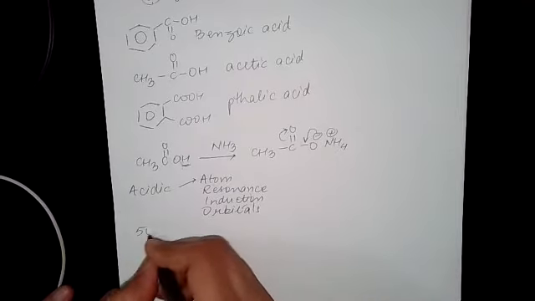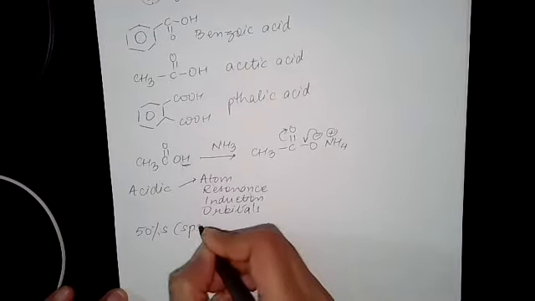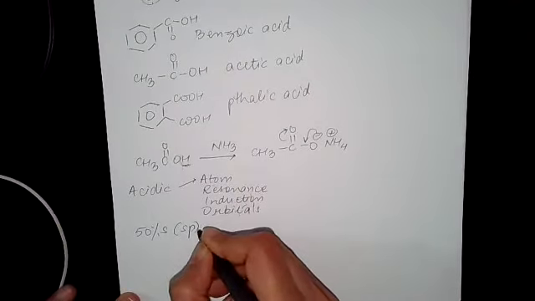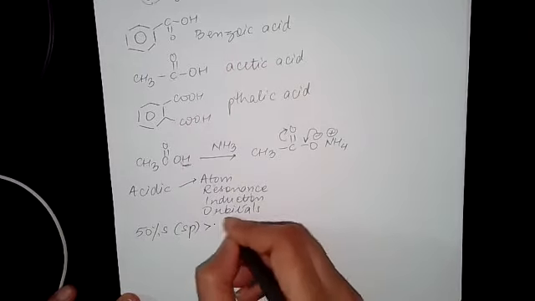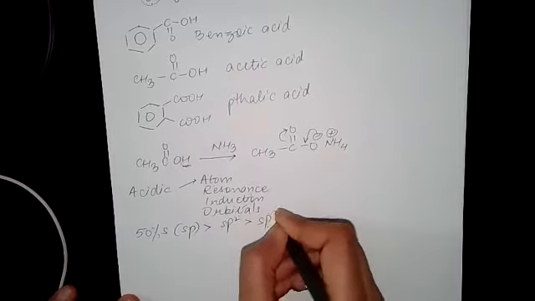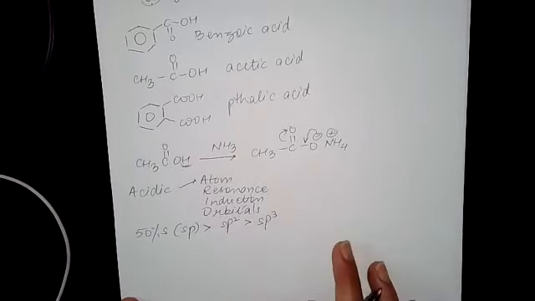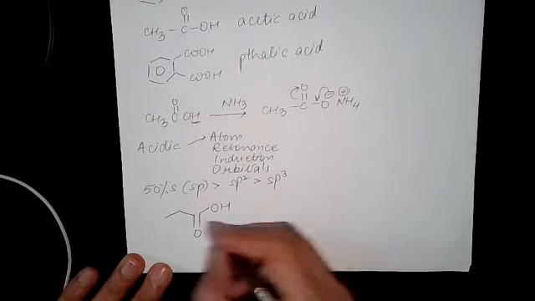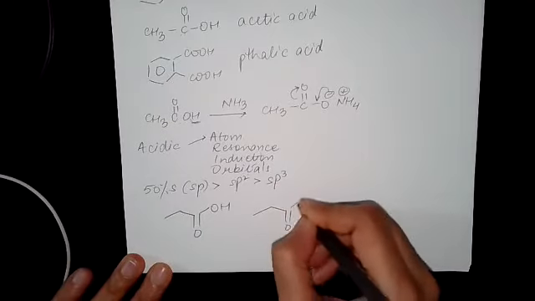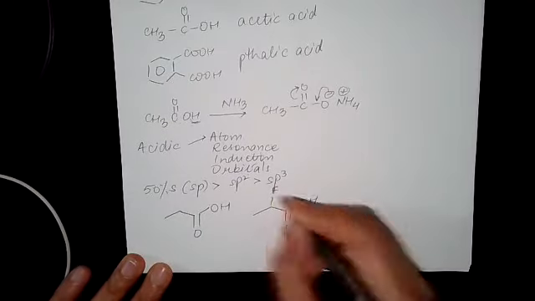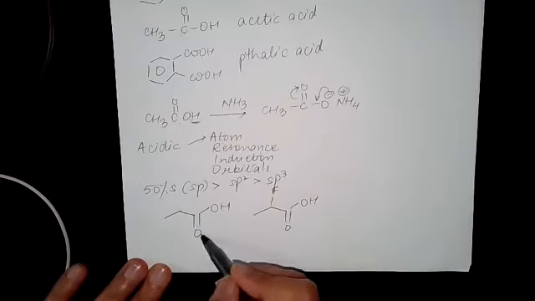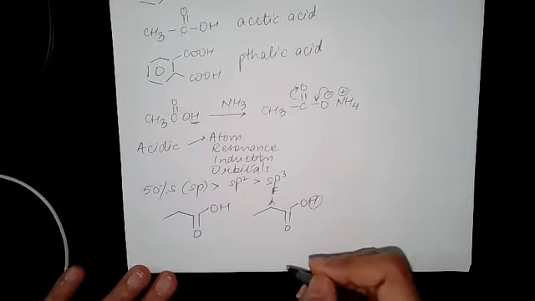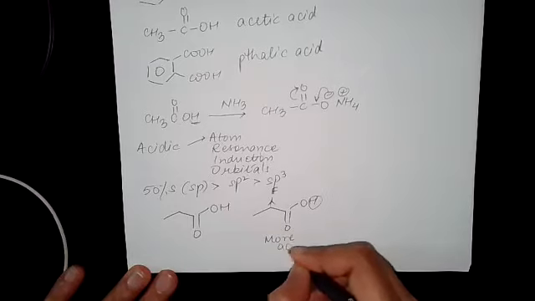So 50% s in the case of sp makes it very acidic compared to sp2 orbitals, and sp3 orbitals are the least acidic of them all. So if I compare these two, because of induction, this hydrogen will be more acidic.